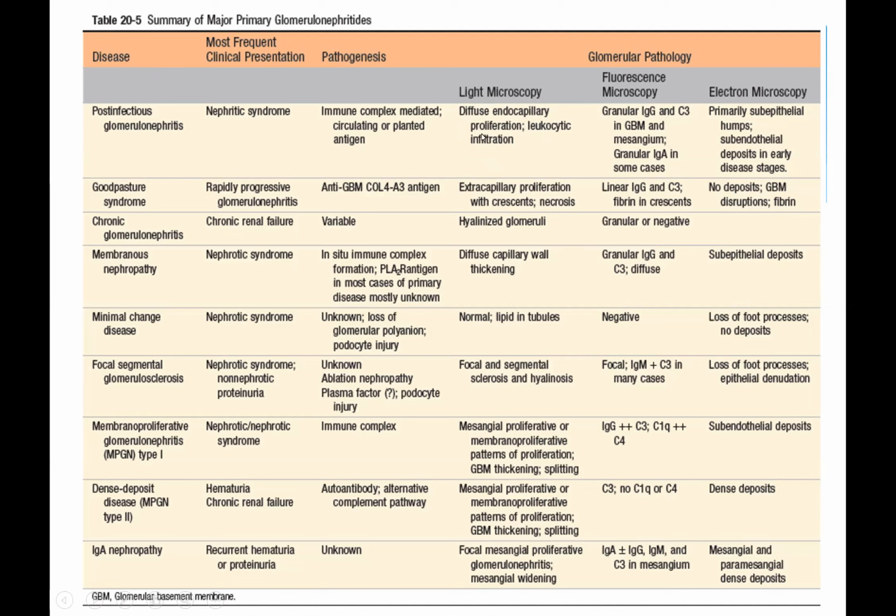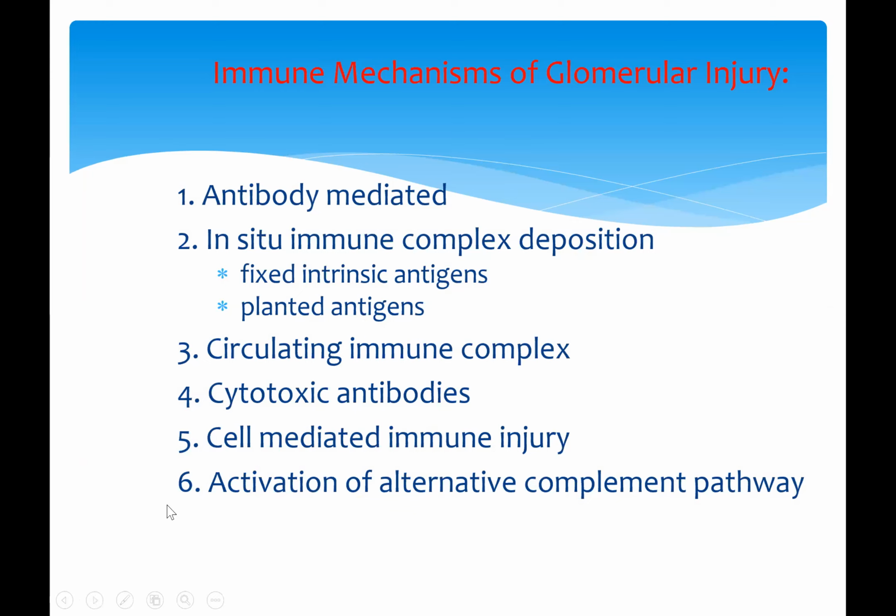The same tissue sample can be subjected to electron and fluorescence microscopy for you to be able to distinguish further the location. As you can see here, subepithelial, subendothelial, the location of the deposits, and it will also give you the pattern of either granular or linear. I will explain that as we move along.